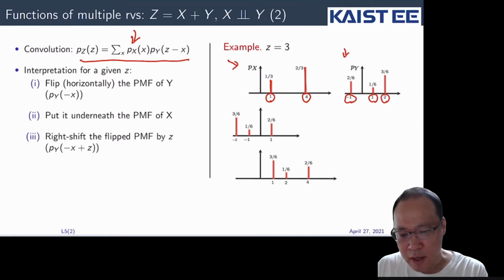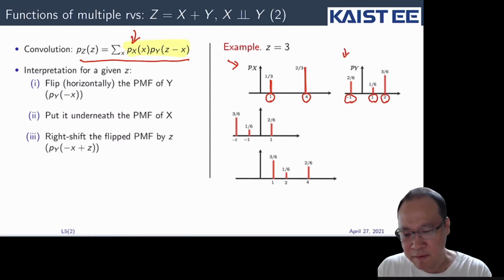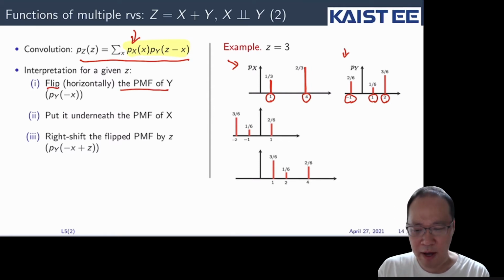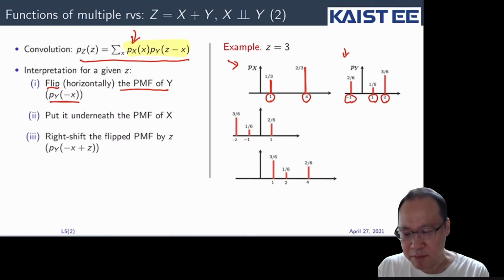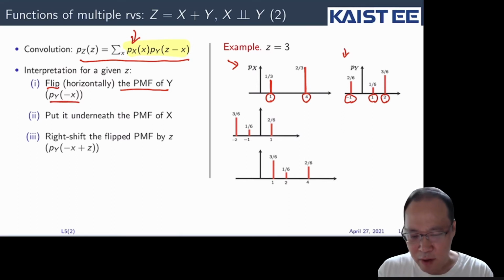First, we should understand what this means. In order to read this, we first flip horizontally the PMF of Y, because I want to compute p_Y(minus x). So we should flip p_Y.